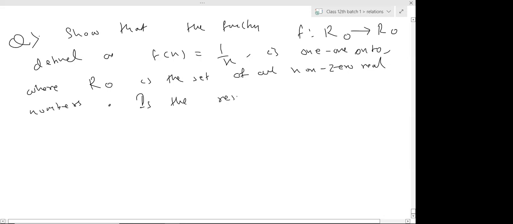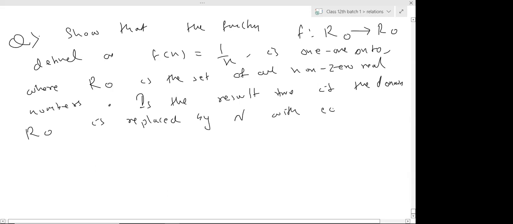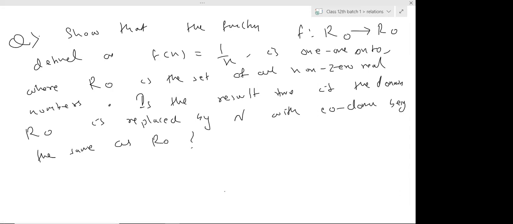As the result 2, if the domain R0 is replaced by N with codomain being the same as R0. All right, try to solve this question.